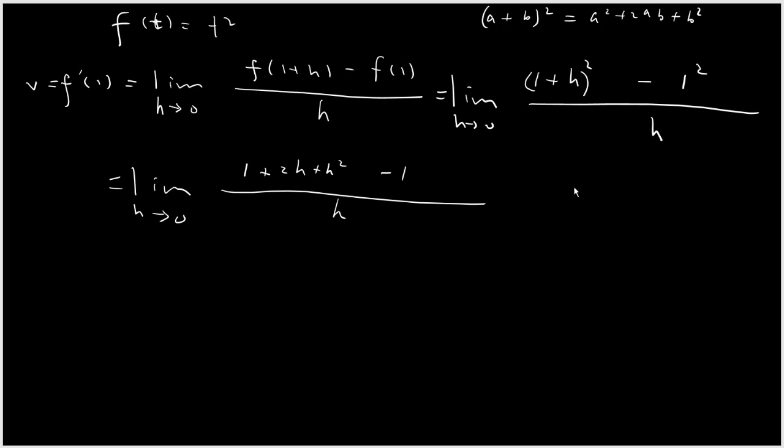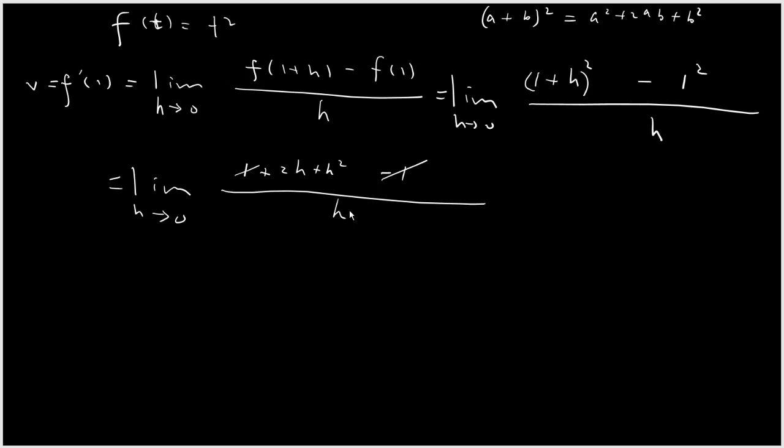Okay, now you see in the numerator the 1 and the negative 1 cancel. Okay, and so do you see the function of h now is undefined at 0? 0 will make the denominator 0. Okay, so we have to do something to get rid of h. I think last time I called h the bad egg.